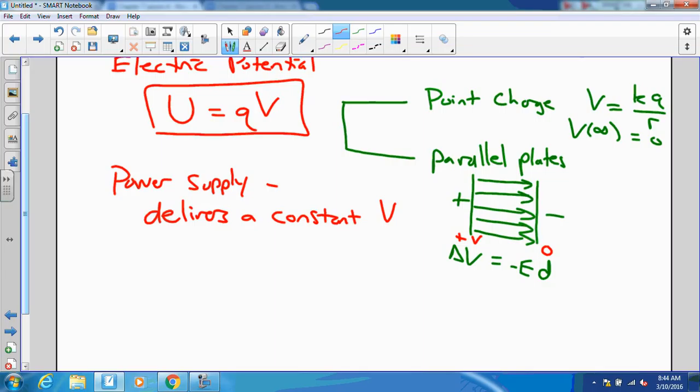Every power supply is limited in its ability, and what limits it is going to be the number of electrons that it can pump through at any given time. We call that the current. We'll study current in a future lesson.